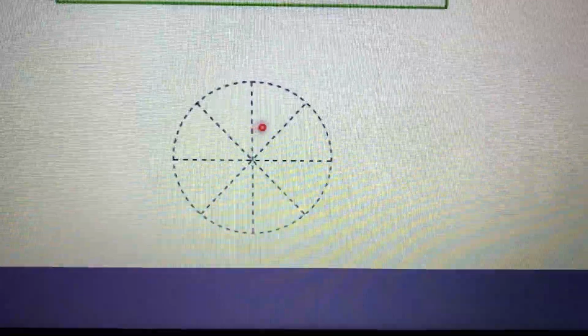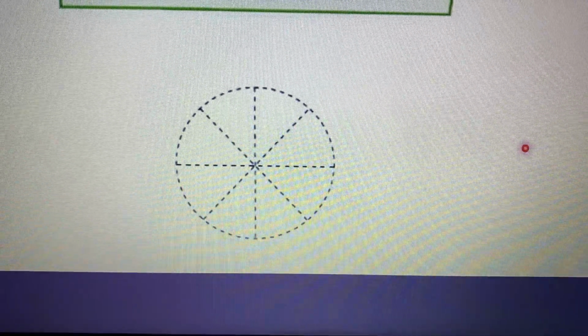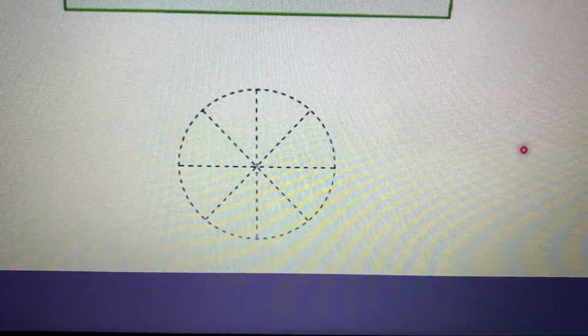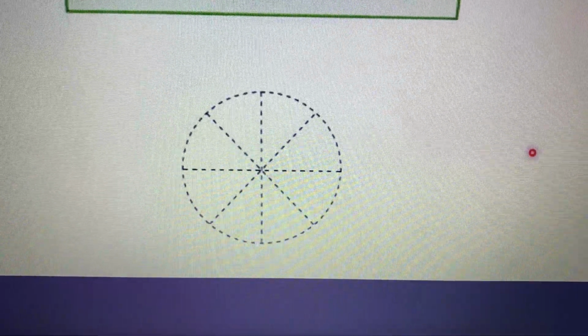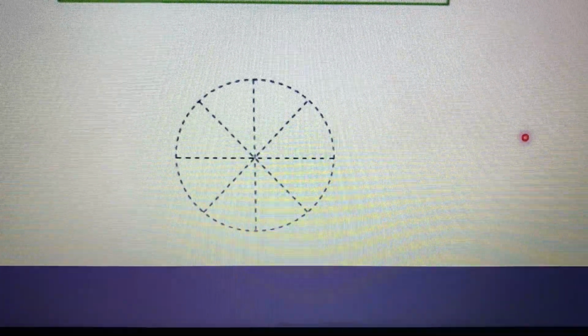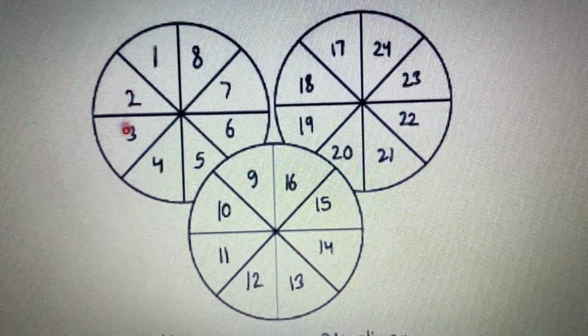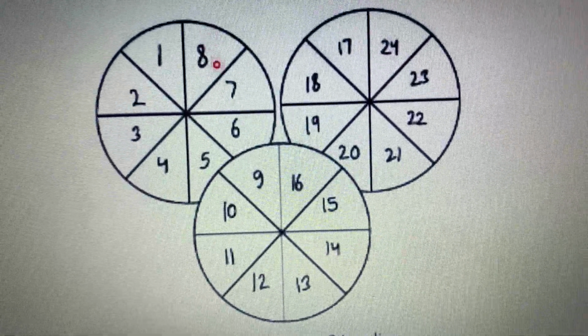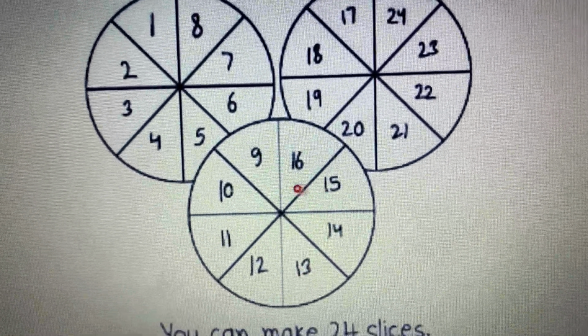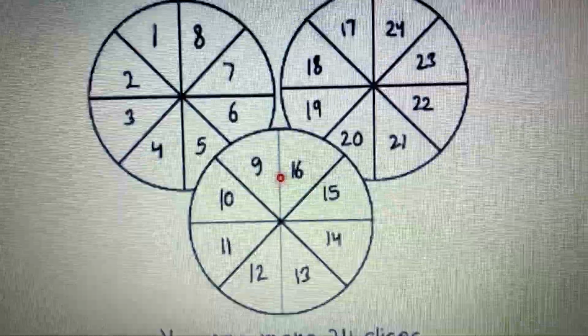How about if I have 3 equal balls, and each one I divide into 8 equal parts. Look here. This is pizza number 1. I have 8 parts. Pizza number 2, 8 parts, but 8 and 8 equals 16.